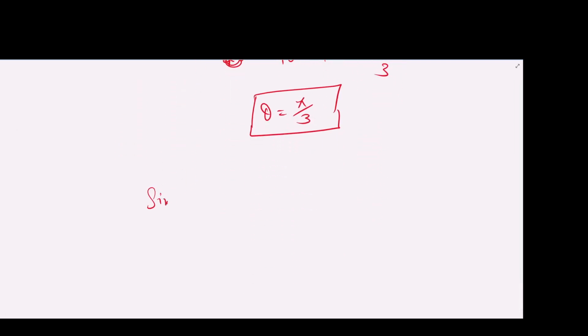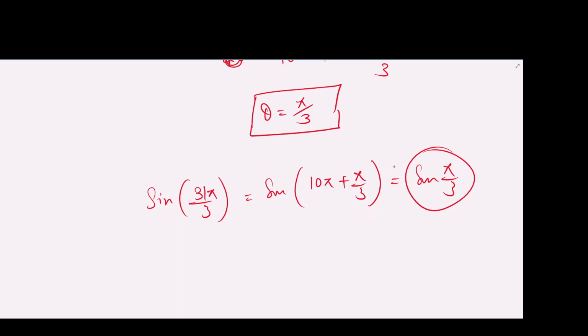So sine 31 pi by 3 will be equal to sine of 10 pi plus pi by 3, which is equal to sine pi by 3, which is equal to sine 60, which is equal to root 3 by 2.